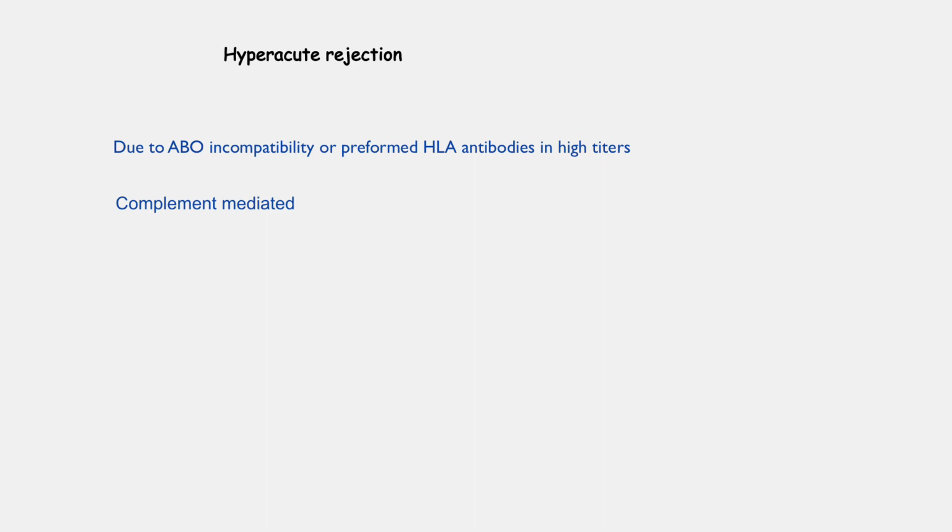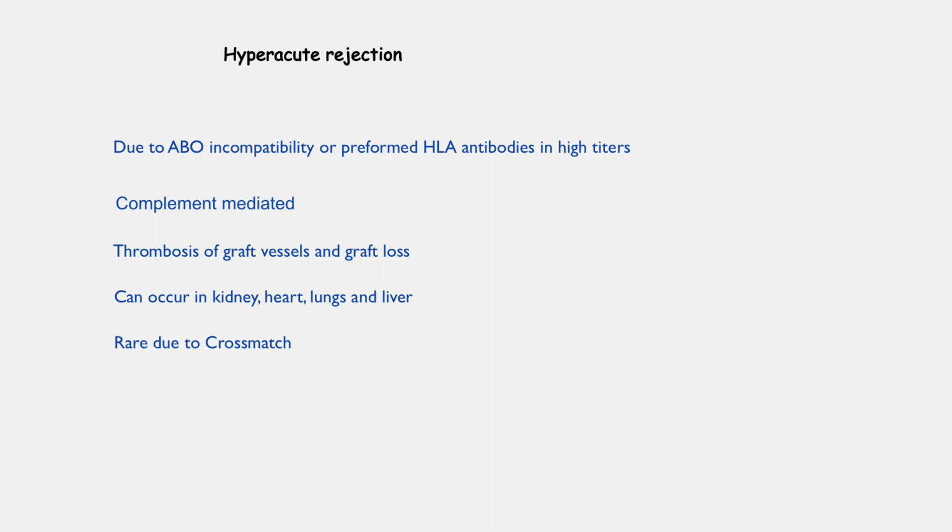This results in activation of complement and complement mediated damage to these cells, resulting in disruption of vascular endothelial cells. This leads to thrombosis of graft vessels and ultimately graft loss. This type of rejection can occur after kidney, heart, lungs, and occasionally after liver transplant. However, this type of rejection is rare as we perform cross-match before transplant to find if there are any donor-specific antibodies present.